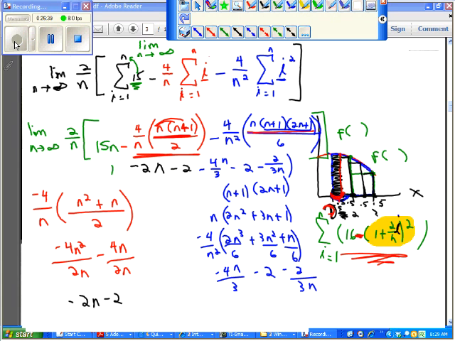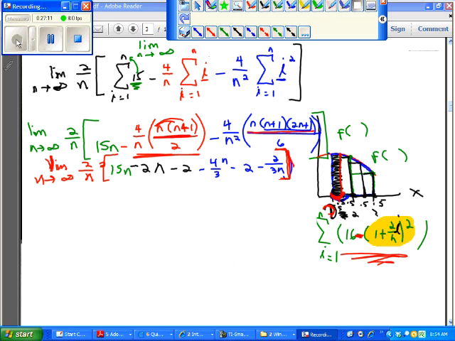And I still have my 15 in here. I'm just going to put a bracket. And I still have my 2 over n, and I still have the limit as n approaches infinity. So now I have a limit as n approaches infinity of 2 over n times that. Okay?